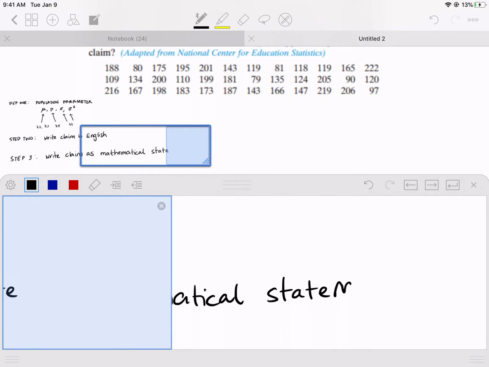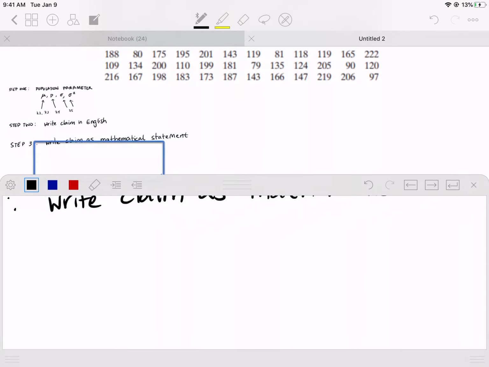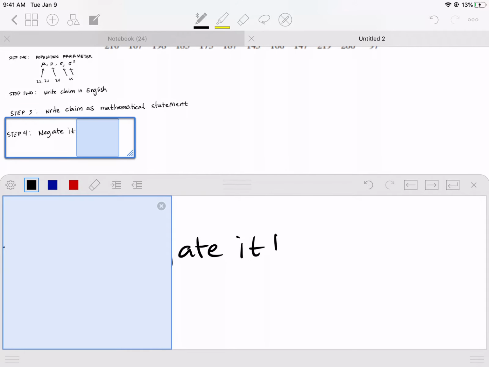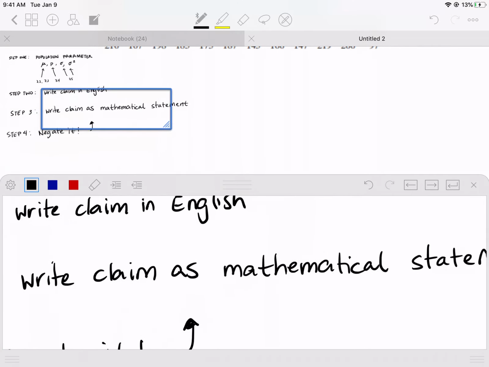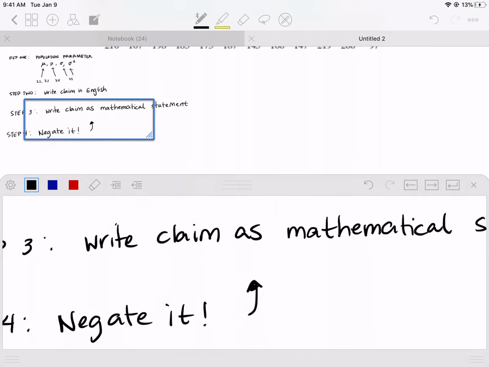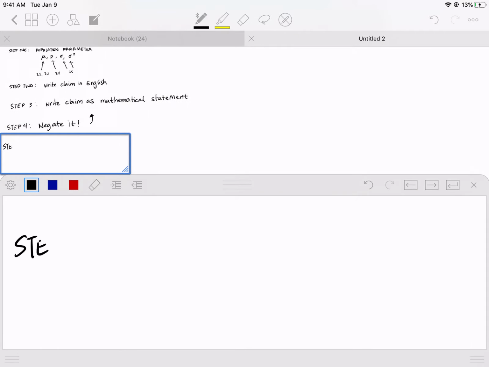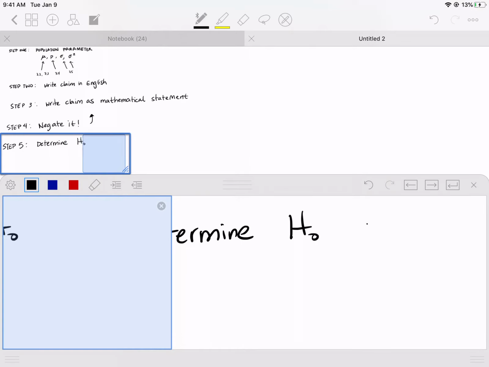Step four is going to be to negate that statement, the claim that you wrote in step three. And then step five is to determine H naught and HA. And then you're done.